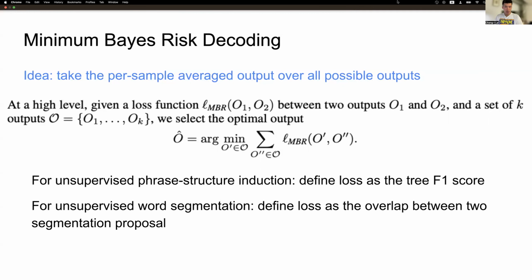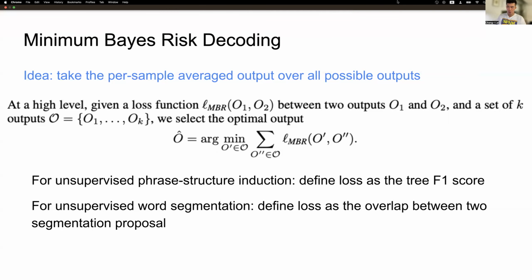In the case of tree structure induction, given a fixed word segmentation, we can define this loss as the negative tree F1 score. So we want to select the tree that has the highest F1 score across all possible model outputs.